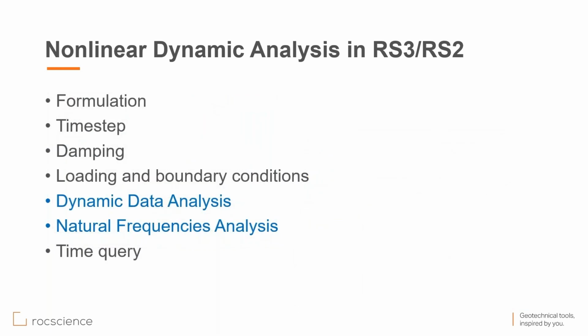To follow up, I will cover the features of the dynamic analysis in RS2 and RS3. I will talk about the formulation very briefly, as well as the time step, damping, loading, and boundary conditions that we provide for the user. Then we will also cover the dynamic data analysis and the natural frequency analysis tools. And I will also cover how to view the dynamic results in RS2 and RS3.